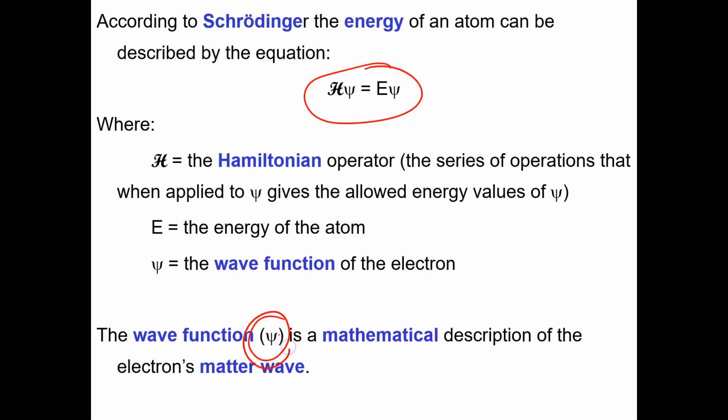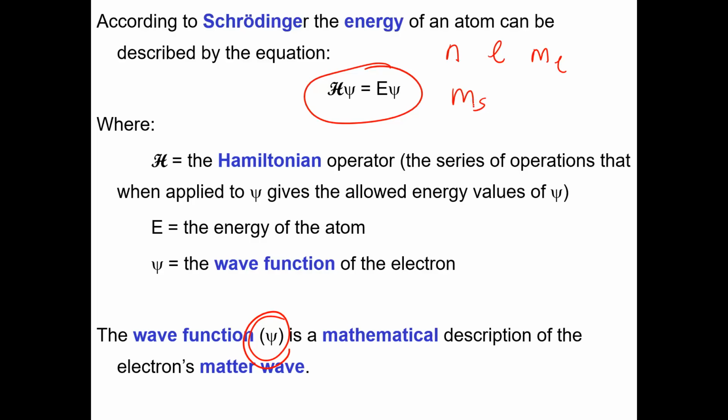The wave function is a mathematical description of the electron's matter wave, and to calculate the wave function, we need 4 quantum numbers.